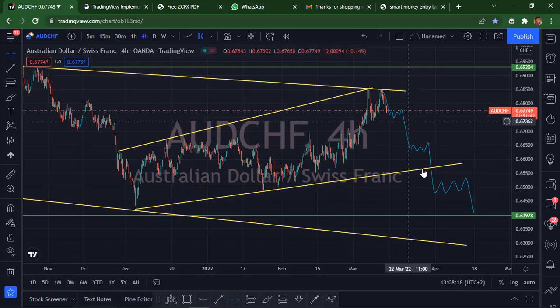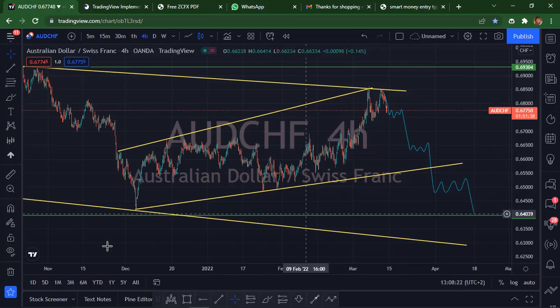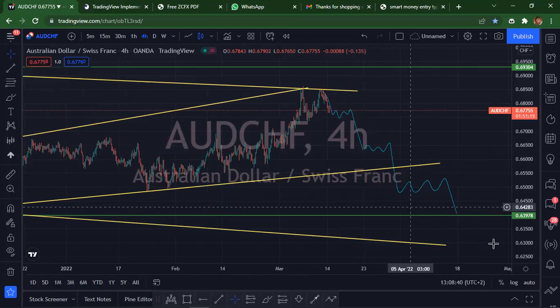It's probable that the market is now going down, maybe to this level, or we might see the 90%, and then in a couple of months we might find the price playing at these areas.